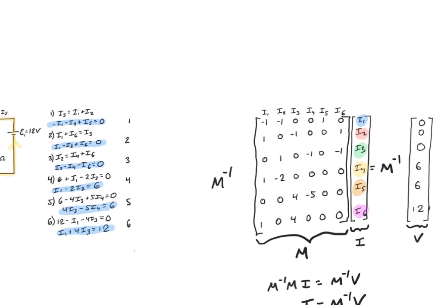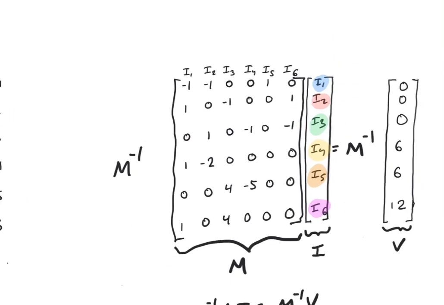Now, this actually works too if I have values in here. If, for example, I'm given some of the currents and I don't know some of the resistors, I can still do this process. What that means is I would have some values populated in here, and I would have other values not populated.